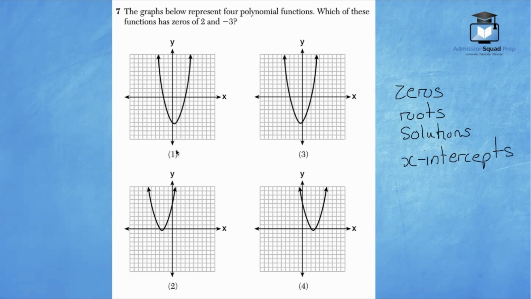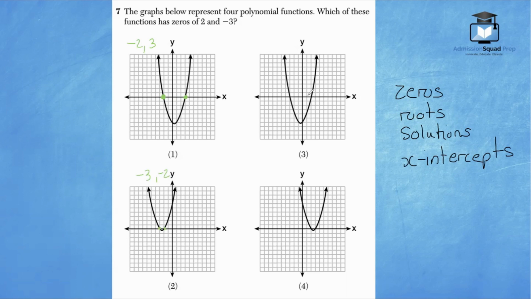In answer choice 1, the parabola is crossing the x-axis at -2 and 3. So the zeros for answer choice 1 are -2 and 3, and that is not what we're looking for. For answer choice 2, the zeros are -3 and -2. -3 is right here and -2.